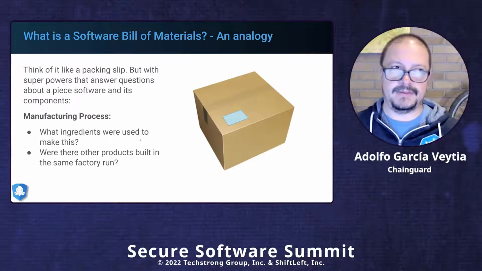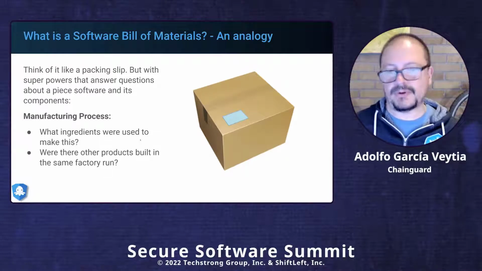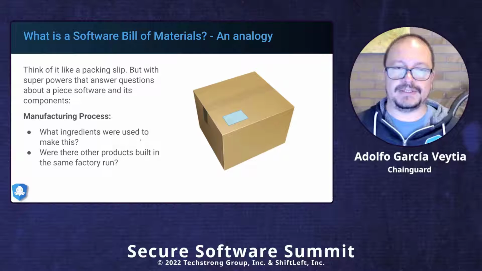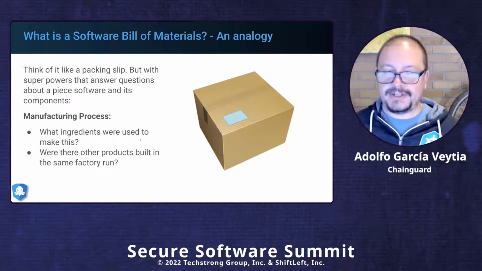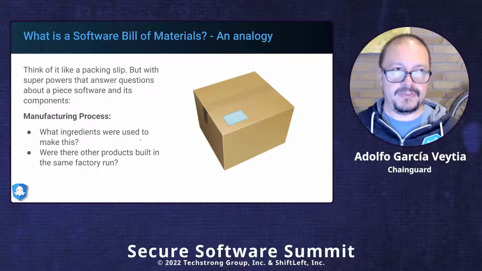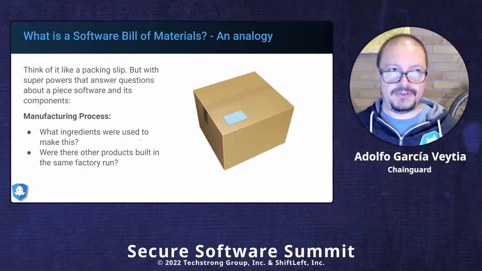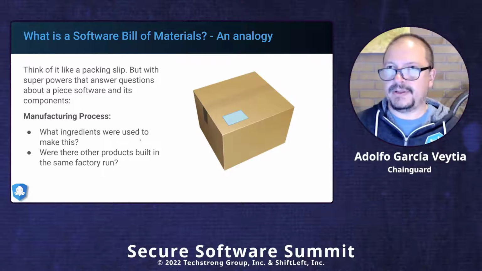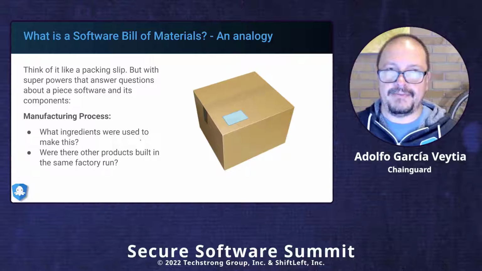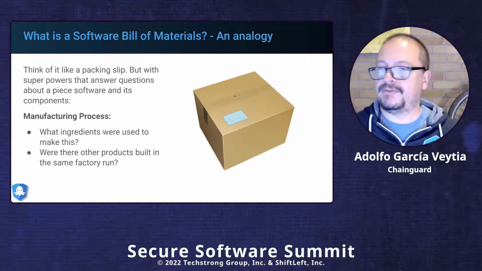And you can use the packing slip to verify that the pieces inside of your computer actually match what is listed in the packing slip. And then it'll tell you some information about the manufacturing run that produced your computer. For example, if the manufacturer finds out that there was a batch of bad computers, you can find via the serial number and the lot number if your computer is faulty in any way.